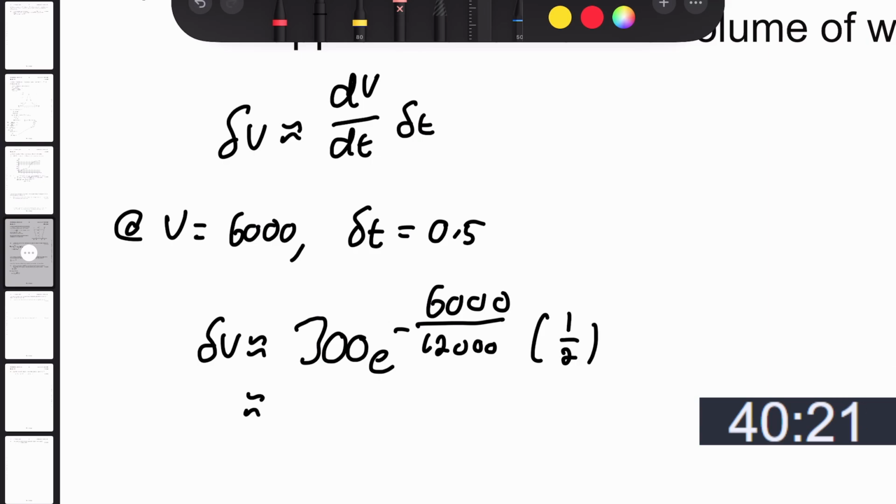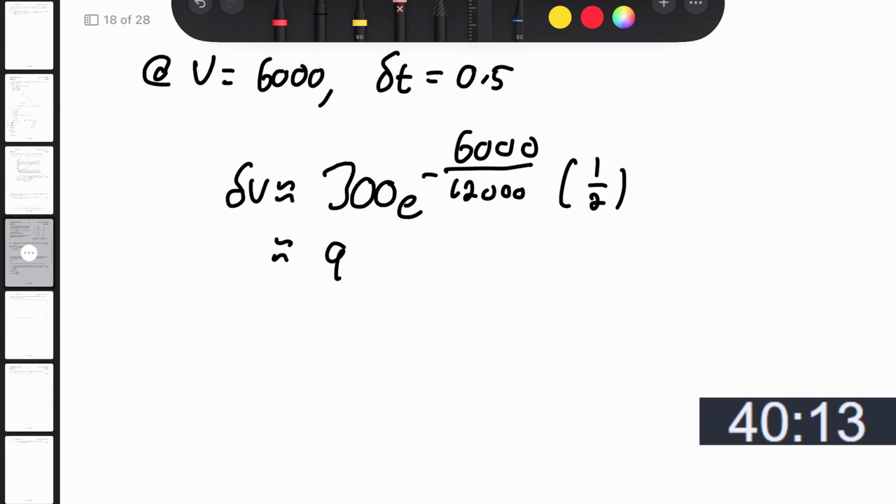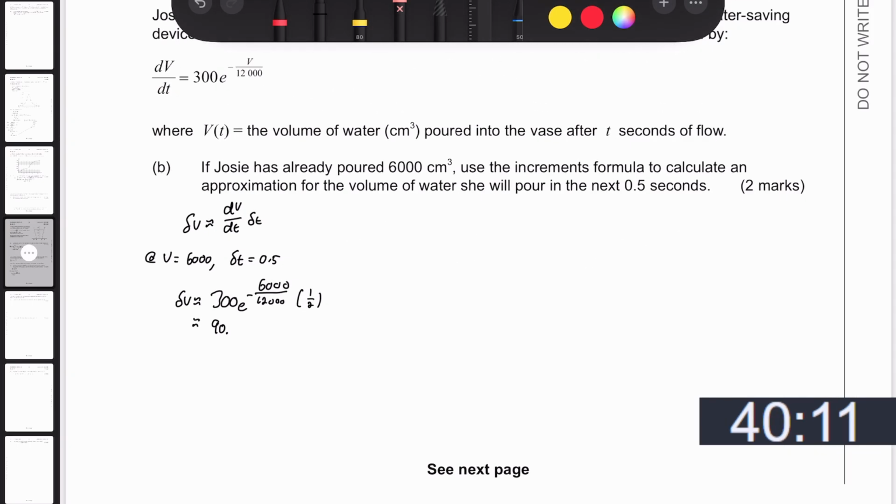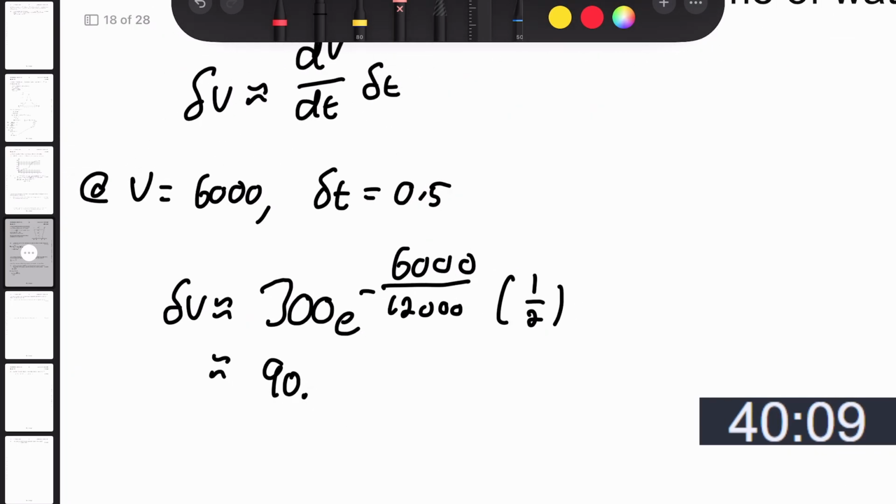So approximately it will just be 150 e to the negative 1 on 2, so about 90.98 milliliters or centimeters cubed.